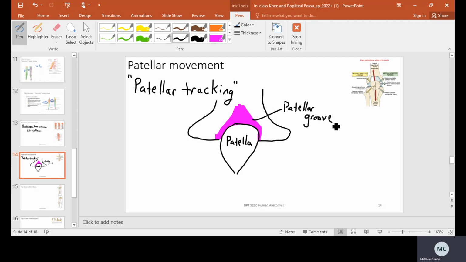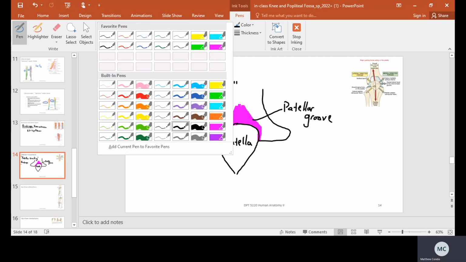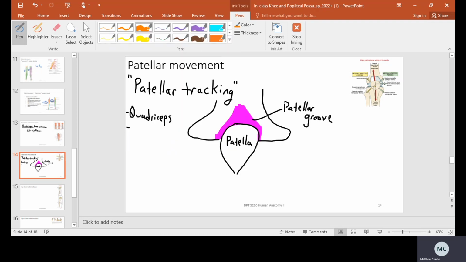But what I want you to think about is what is going to enhance, or what's going to help, or more importantly, what's going to affect patellar tracking. So we mentioned quadriceps, right? Quadriceps is a big one. We're also going to have two not so large but super duper important bands coming off the patella.